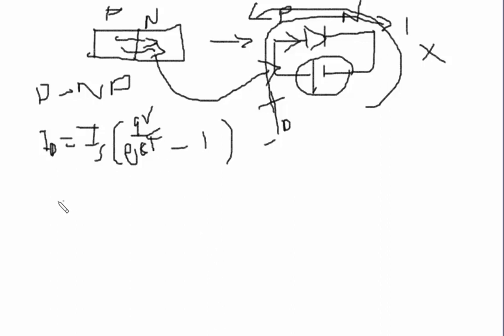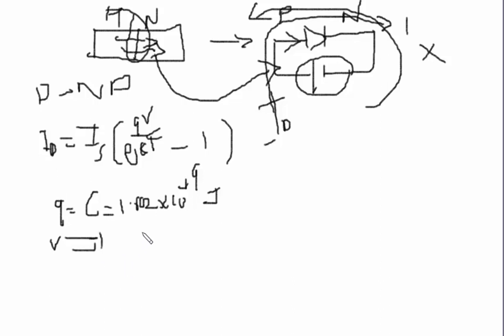So what is Q? Q is the charge of an electron, that is 1.602 into 10 to the power of minus 19 joule, and V is any applied voltage in between.